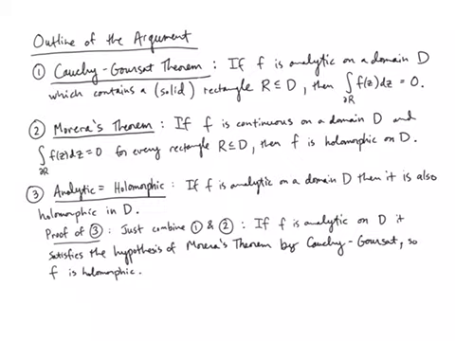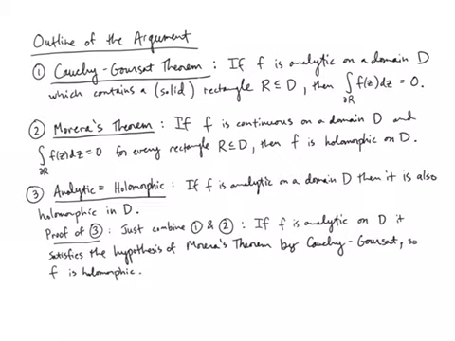So the edges of the rectangle and the interior of the rectangle are all contained in D. Then the integral around the boundary of the rectangle, going counterclockwise or clockwise, doesn't matter, is equal to 0. So knowing that f is analytic, we have this weak form of Cauchy's theorem called Cauchy-Goursat.